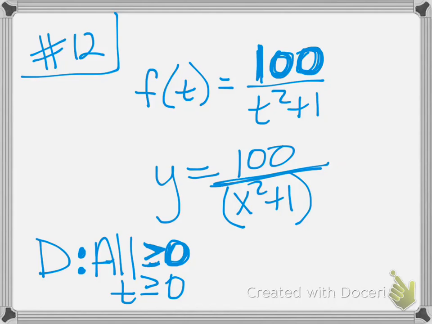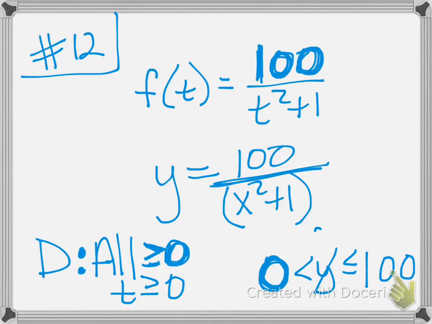So it starts at the x-axis, which is 0. Y is 0 if we're on the x-axis, and the highest point is going to be 100. So my y value is between 0 and 100, which for our problem, the y is going to be changed to be f of t.